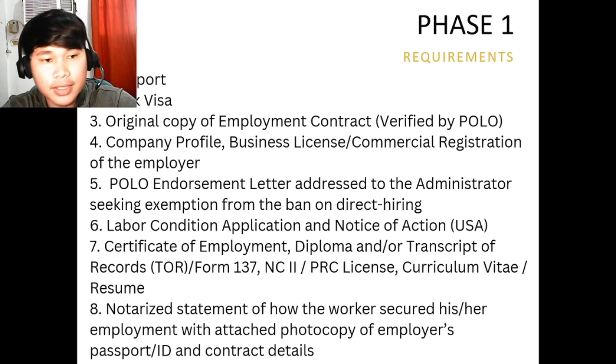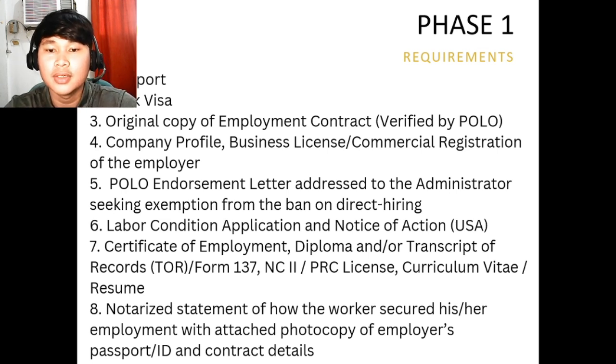Fourth, you need to ask for a company profile, business license, or commercial registration of your employer. Fifth, you need a POLO endorsement letter addressed to the administrator seeking exemption from the ban on direct hiring, because in the POEA, it's not advisable to have a direct hire.